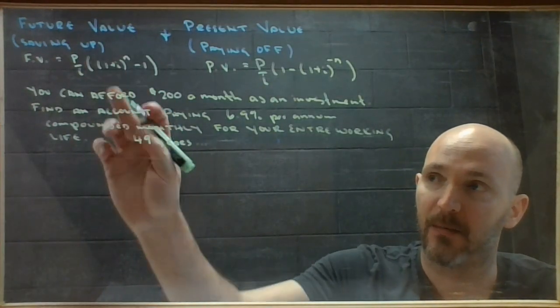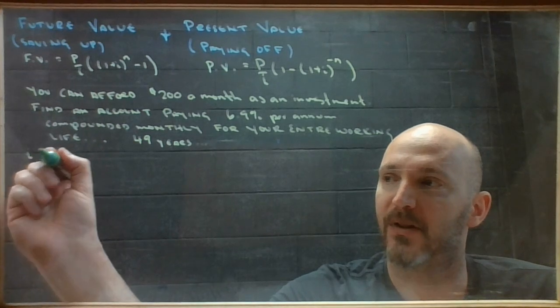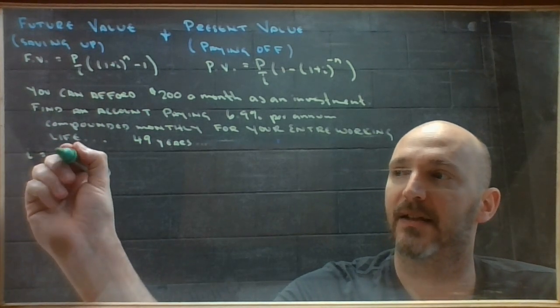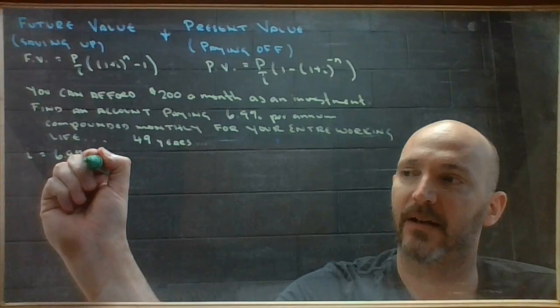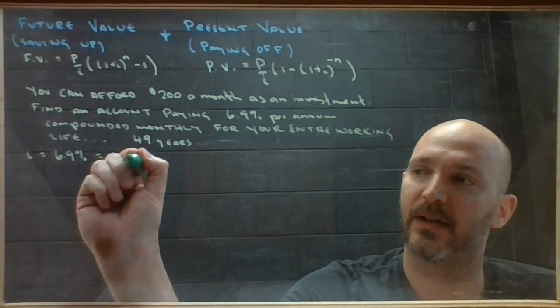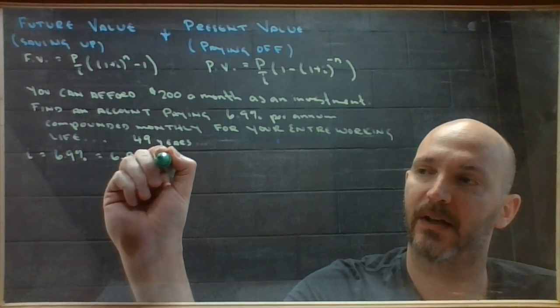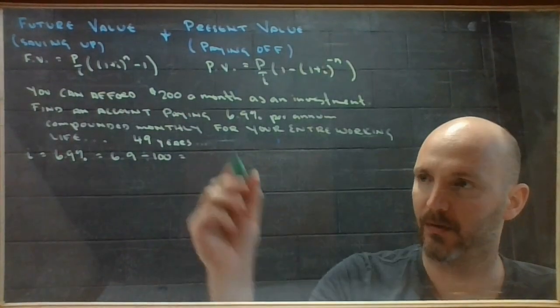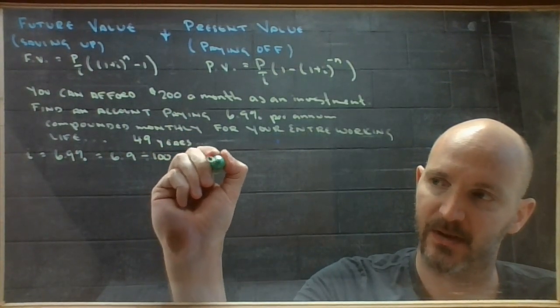We're going to need to figure out my i value here. So i was quoted to me as 6.9% per annum. That's 6.9 divided by 100, which gives me 0.069.